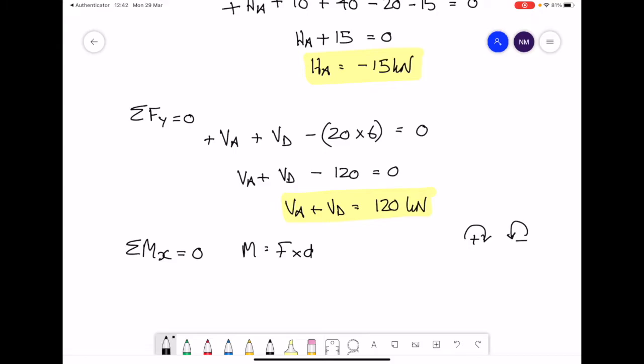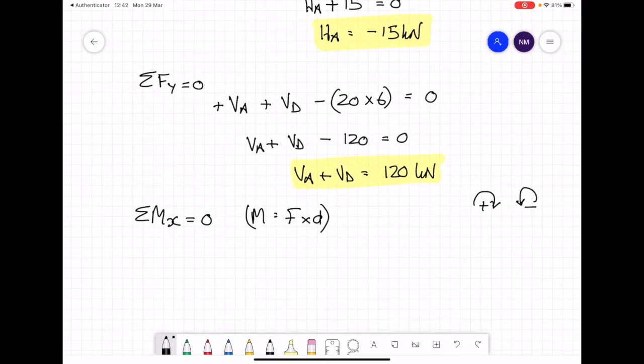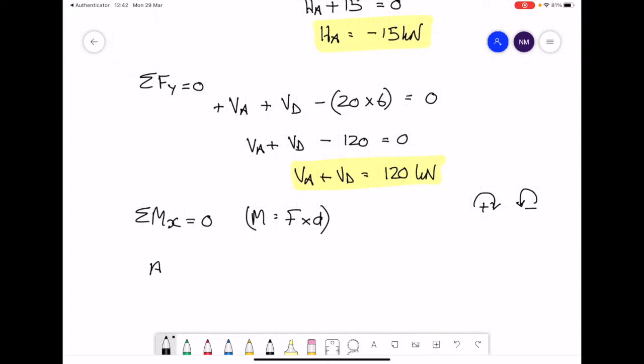Also, for moments, we must specify the point we're actually taking moments about. We usually do that about the first support, and in my diagram that was labelled point A. Shorthand notation is A with a little bent arrow over the top. That details that I'm taking moments about point A.